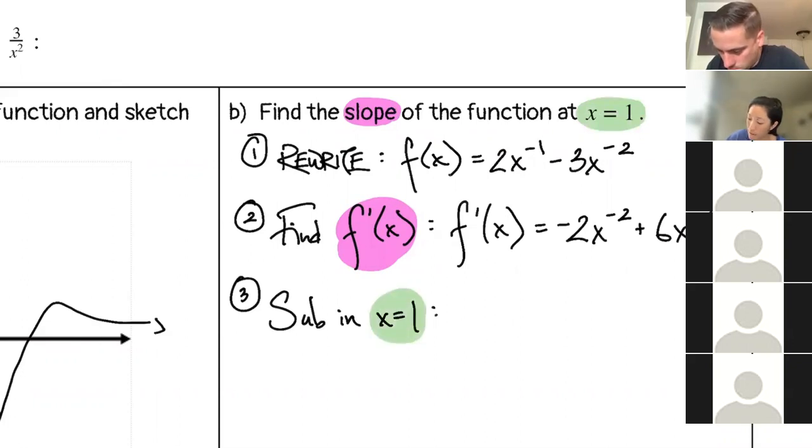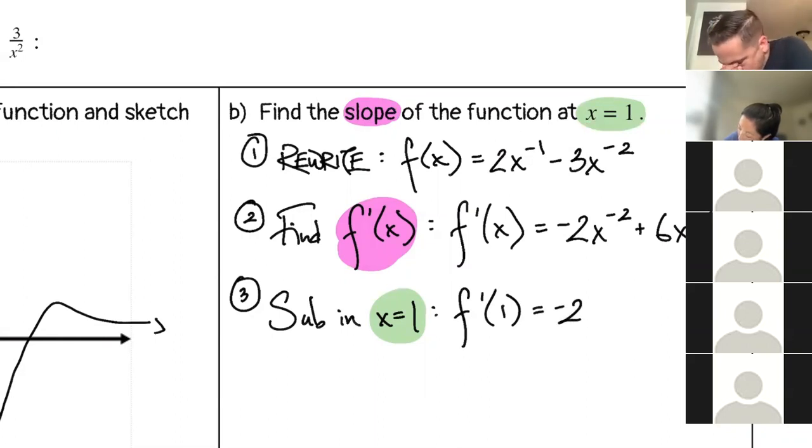If this said, find the slope of the function at x equals 10, I would expect you to plug in 10, not 1. Okay, so it's not that we're always plugging in 1, but we are plugging in whatever that question tells us to. And once we do that, f prime of 1 gives us -2 times 1 to the -2 plus 6 times 1 to the -3.